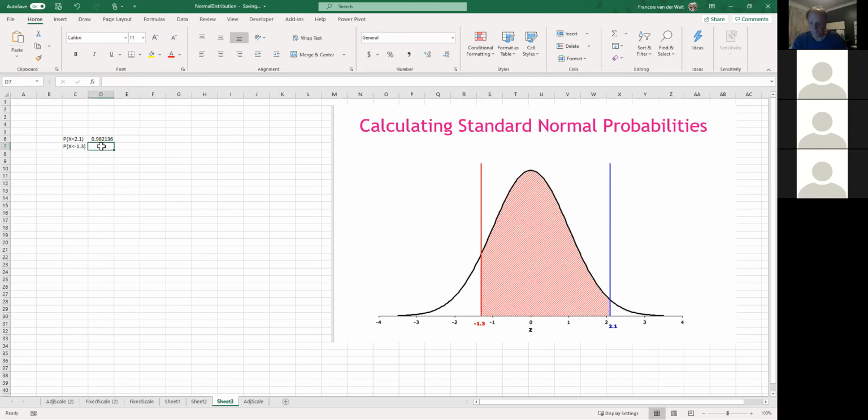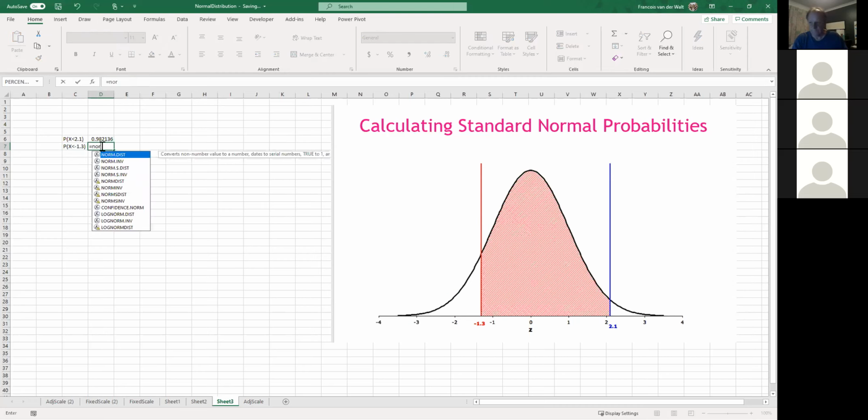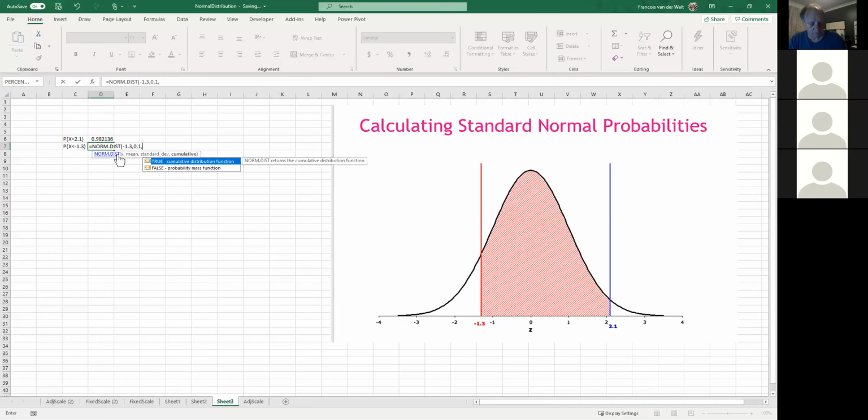I use the same formula, equals norm dist x is minus 1.3 and the mean is 0, standard deviation is 1, and the answer there is true.